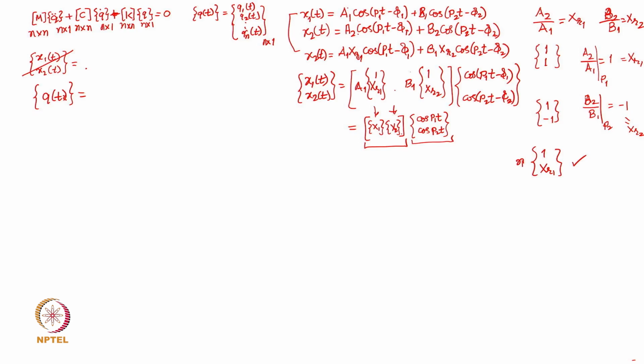In a similar line I can write this q(t) as a set of modal vectors.